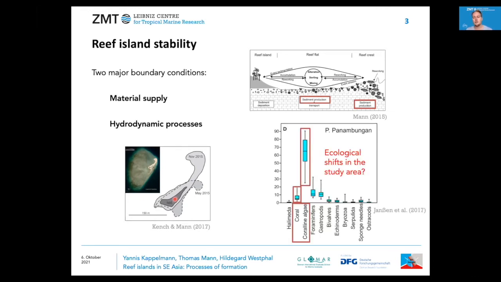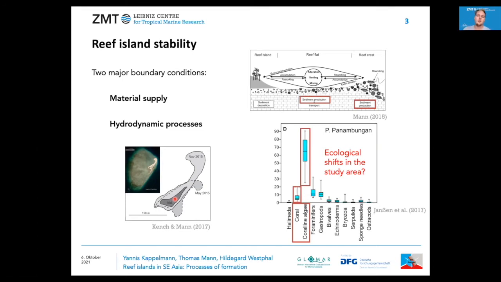Coming to the motivation for our study, the study area that I will introduce to you in a few seconds has hosted a study in 2017 in which the authors investigated Reef Island and compared the surface sediments to the subsurface sediments, so down to around 1 meter.